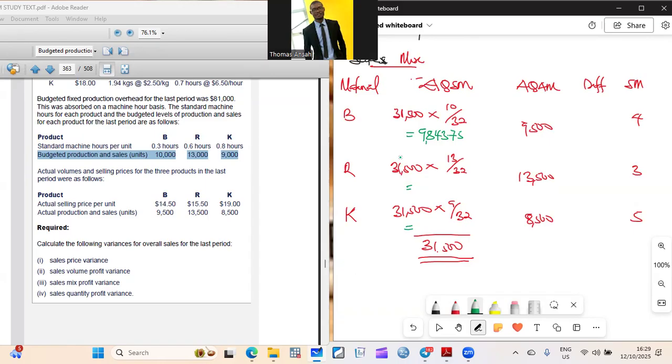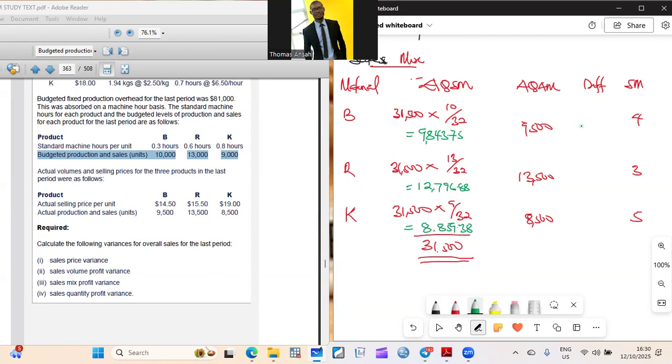Then this one is 31,500 by 13 over 32. That gives 12,796.88. It's 875, but I've made it 88. Then this is 9 over 32 by 31,500, 8,859.38 down to two decimal places.